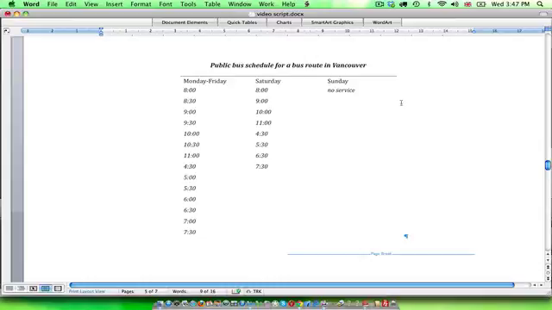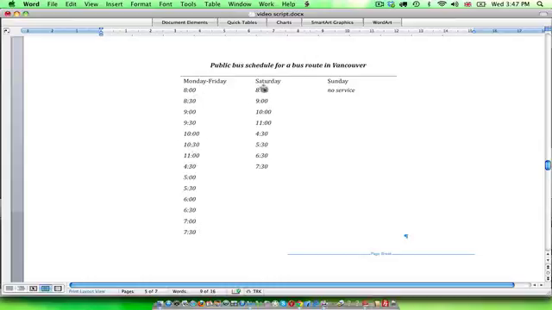Now the minor trends, we can see certain patterns. So if we look between Monday and Friday, there is heavier bus circulation between 8 a.m. and 11 a.m. and again between 4:30 p.m. and 7:30 p.m. So we can see here's one minor trend and here's another minor trend.